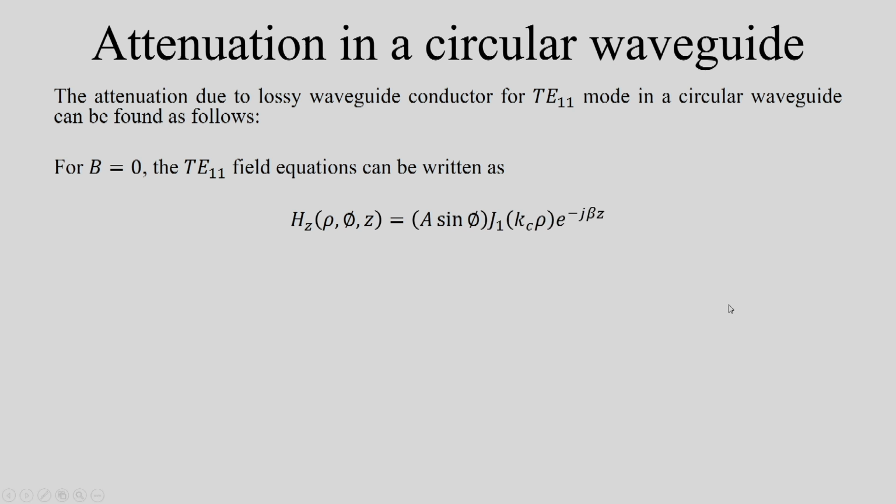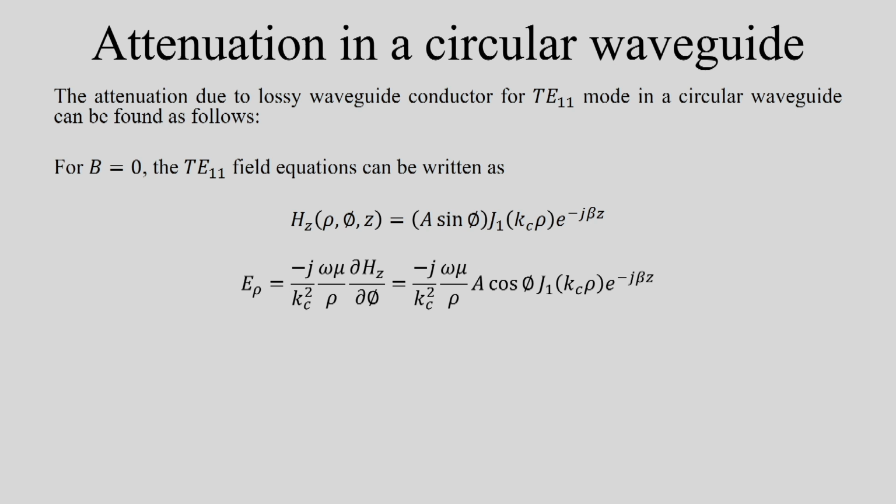So, we can write Hz as a function of rho, phi and z as A sin phi J 1 k c rho e to the power minus j beta z. And once we have written Hz in this manner, we can find out the E rho component. It is only a substitution of Hz here and finding the derivative with respect to phi.